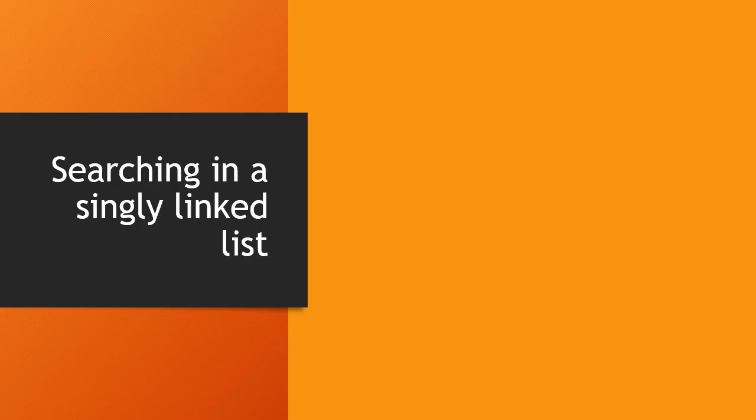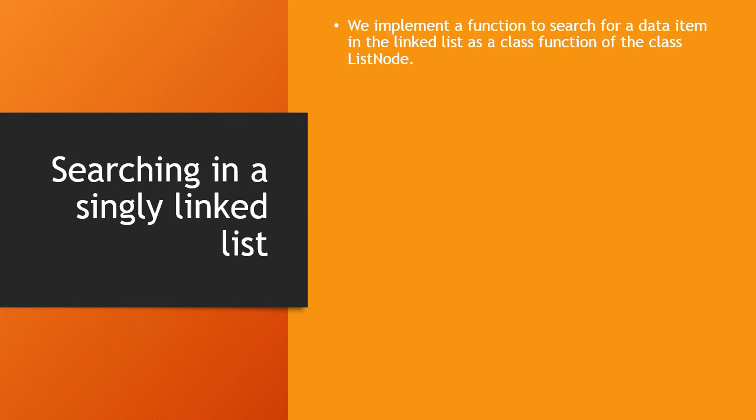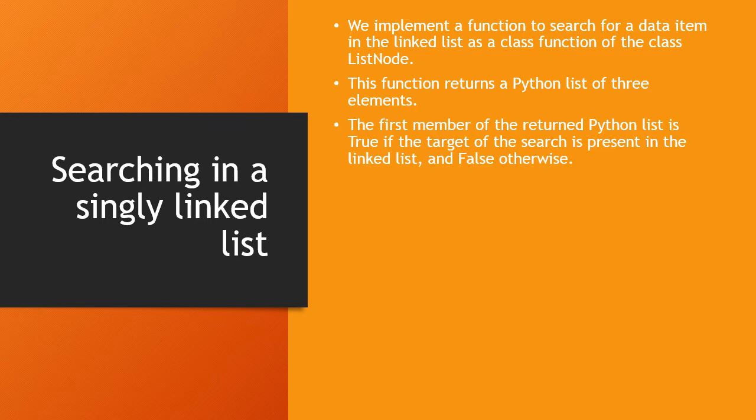Searching in a singly linked list. We implement a function to search for a data item in the linked list as a class function of the class listNode. This function returns a Python list of 3 elements. The first member of the returned Python list is true if the target of the search is present in the linked list and false otherwise.